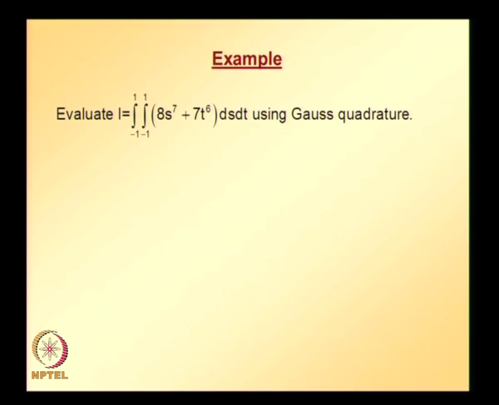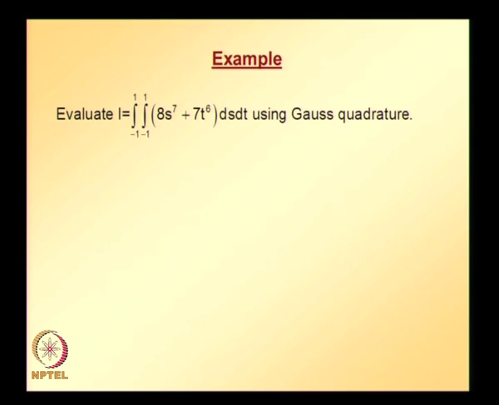And before we proceed, we see the integrand, the highest order along s direction is 7, highest order of this integrand along t direction is 6. So, 2n minus 1 is equal to 7 and n is equal to 4, and 2n minus 1 is equal to 6 results in n is equal to 3.5 or 4.